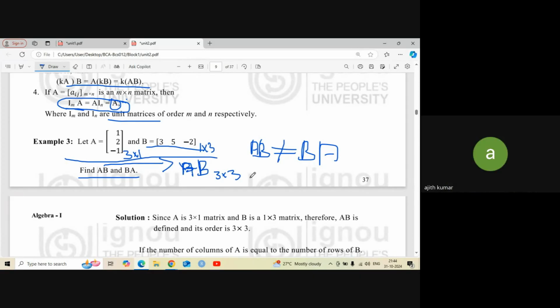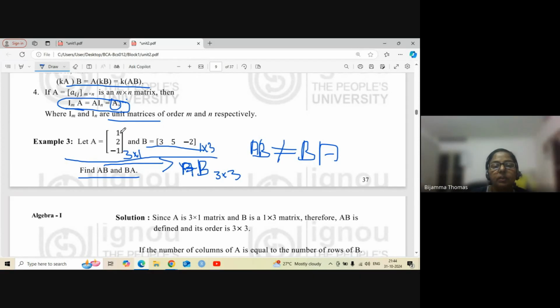So the first element എന്ന് പറയുന്നതായിരിക്കും first row into first column, first row into second column, first row into third column. അതായിരിക്കും നമ്മുടെ first row വരുന്നത്. Isn't it? Second row എന്ന് പറയുന്നത് എങ്ങനെയാ?